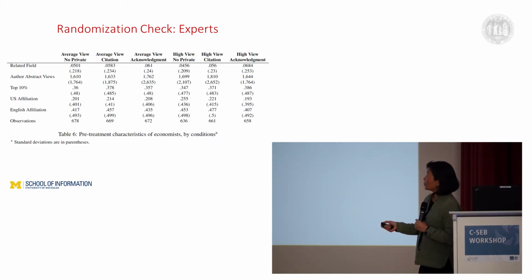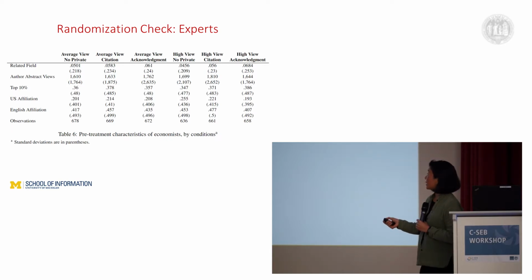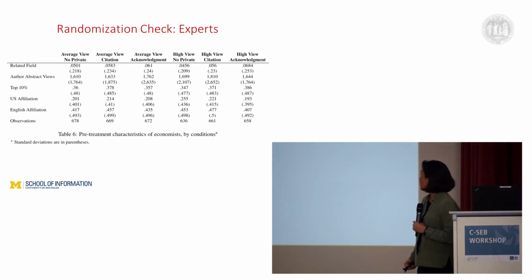Also, people who are rated as the top 10% of the economists on RePEc are about 25-26% of our sample. That's because we have the 6 article cutoff. You have to have published at least 6 papers, and that cut off probably younger or more junior researchers.